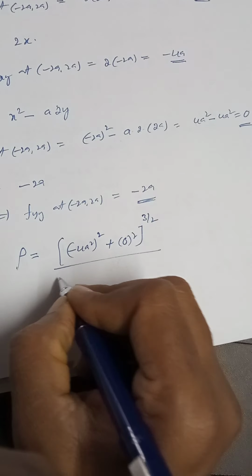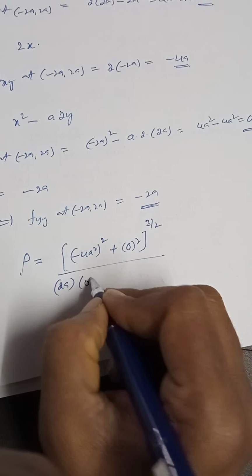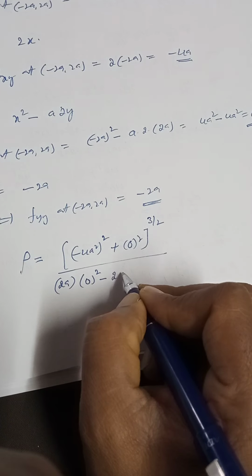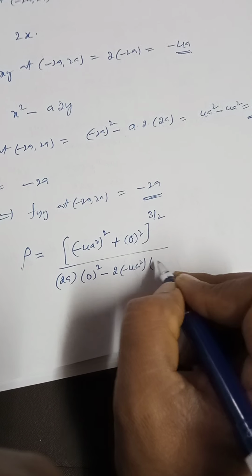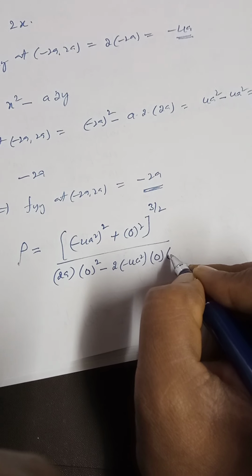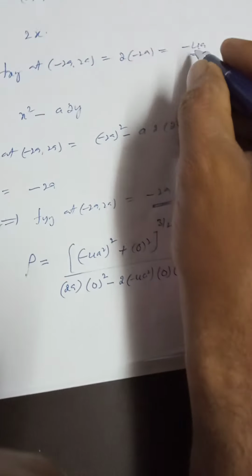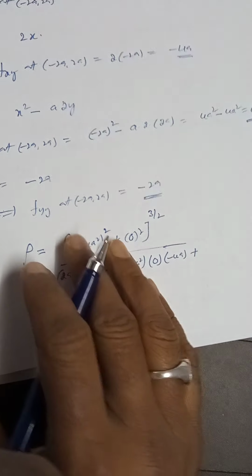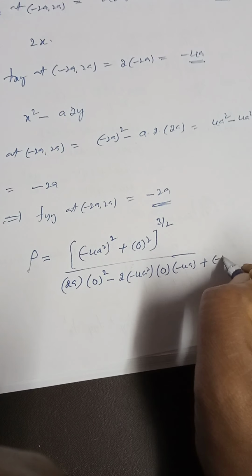Fxx value is 2a into fy square is 0 square, minus 2 into fx value is minus 4a square, fy value is 0, into fxy value is minus 4a, plus next what you want, fyy, what is fyy value?